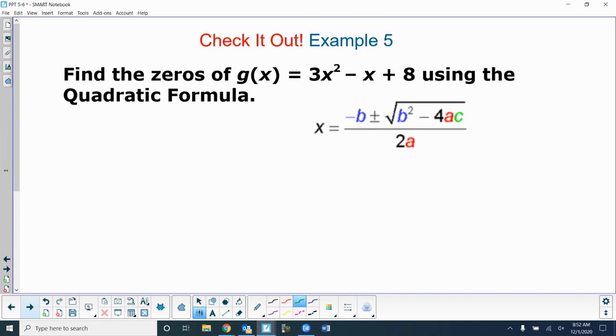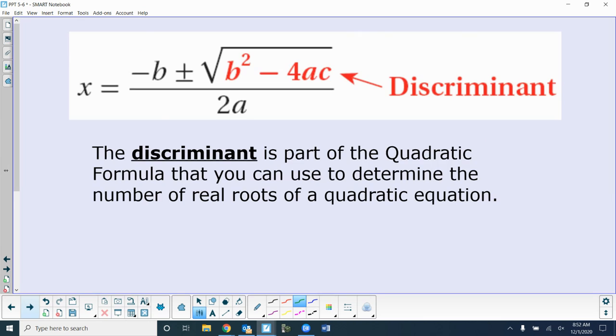Okay. The other part that they talk to you about is that b squared minus 4ac part. That's called the discriminant. All right? That's part of the quadratic formula that you can use to determine the number of real roots of a quadratic equation. So what they're going to ask you for some of your problems is just what type and how many solutions does it have. Okay?